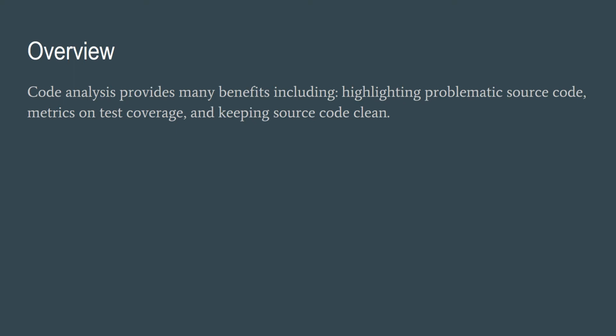So a code analysis tool that can highlight problematic source code will show you files that might change a lot, which might break a lot, and thus give you some insight into what kind of code may break before it actually does break. Code analysis can also give you metrics on test coverage, and test coverage will show you how much of your code is actually covered by unit tests.